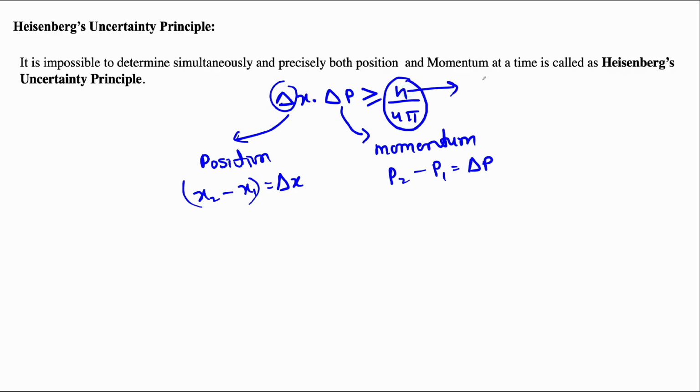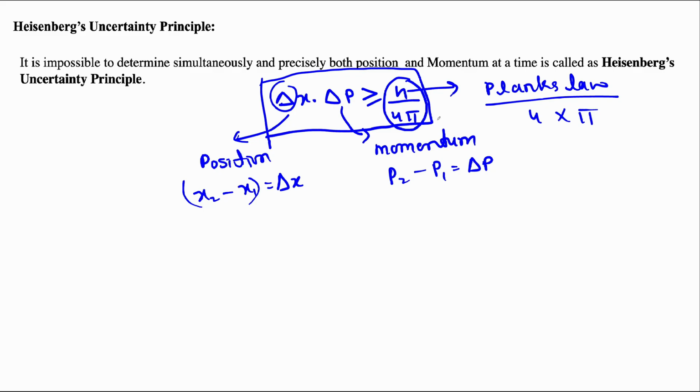What is h? h is the Planck's constant, divided by 4 into pi. This is the equation which we have to write when we are writing the definition for the Heisenberg uncertainty principle. This is the end of the definition. Here we can expect a 2 marks question from the Heisenberg uncertainty principle definition.